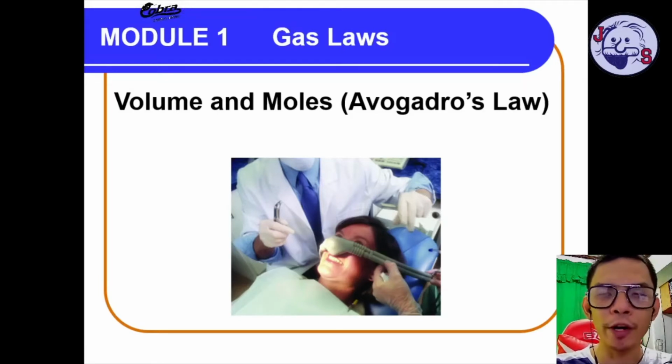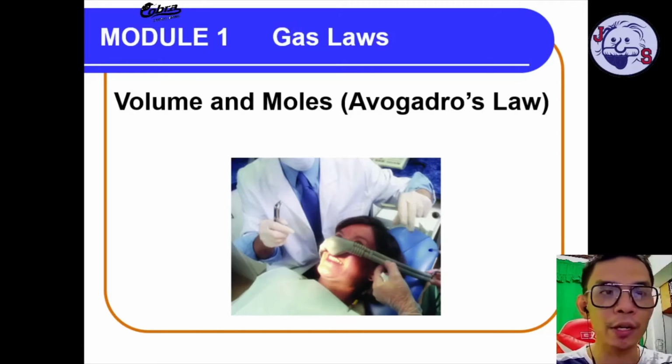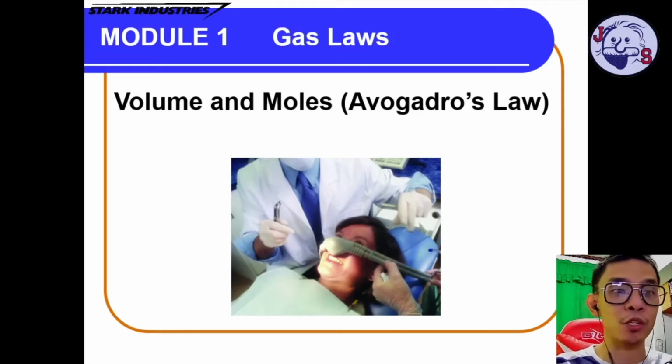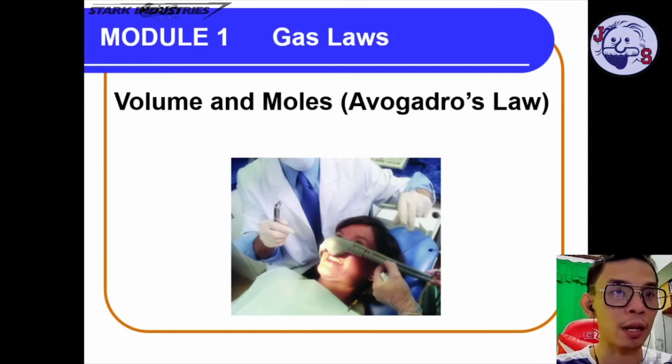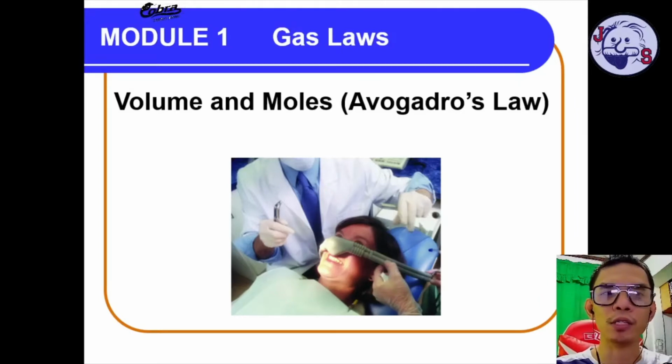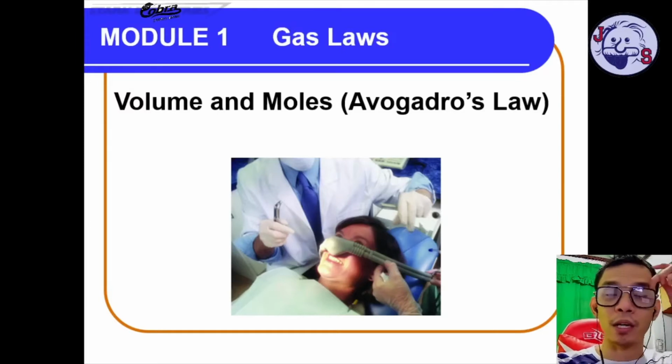The more anesthesia that is pumped into this device, the greater the effect during the procedure, so the patient will not feel anything. I think this one is in a dental clinic. This is done first before extracting or removing a tooth from this patient.